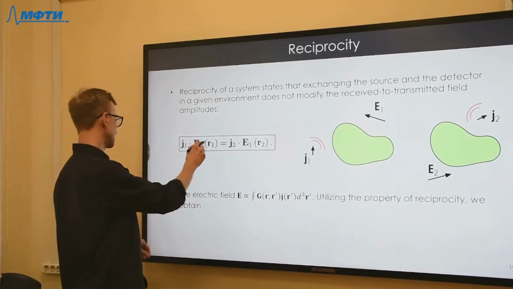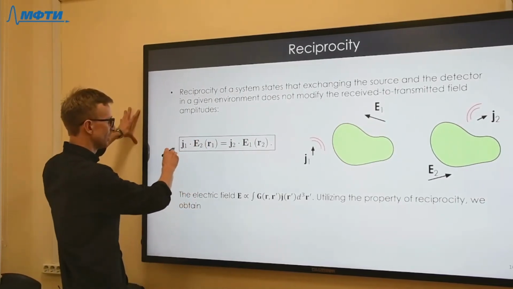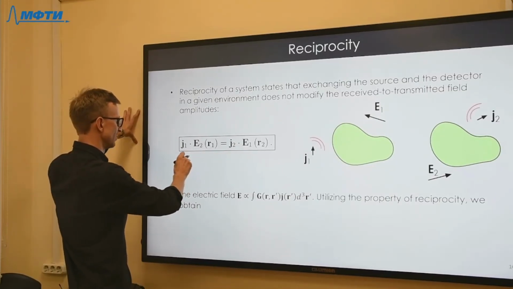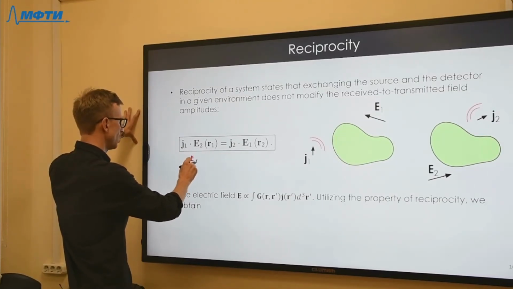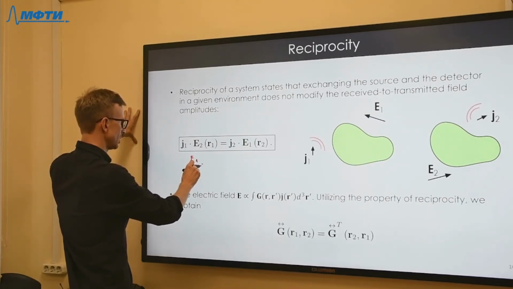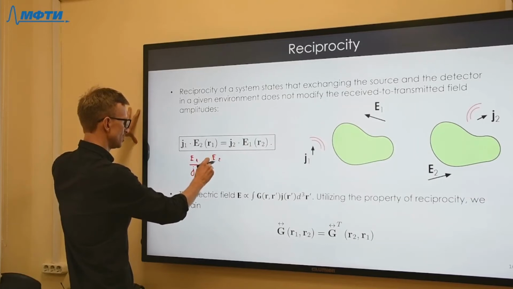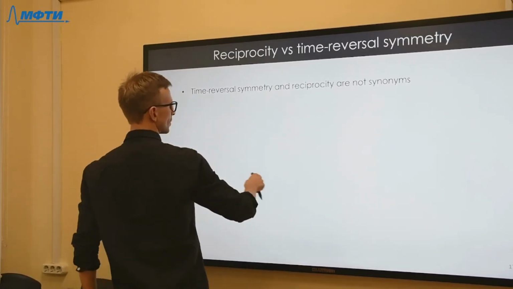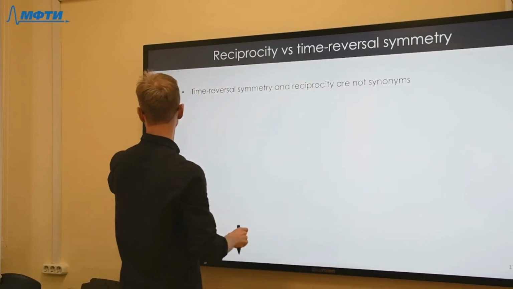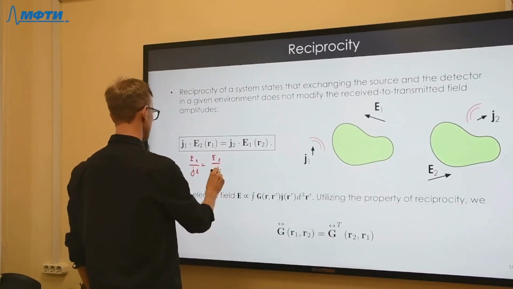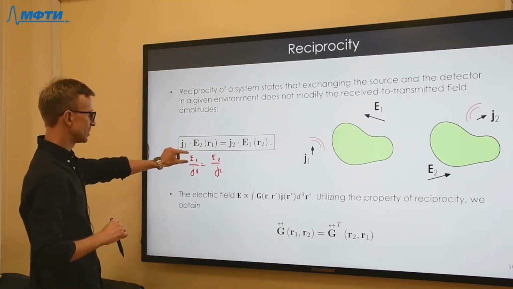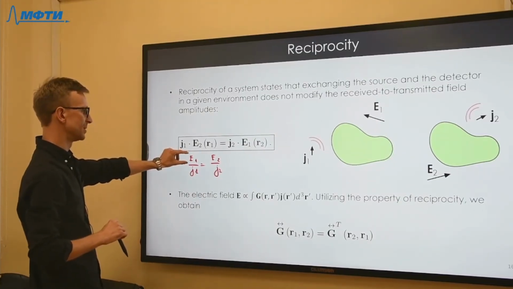I can rewrite it. If I neglect the vector nature of this expression, I can rewrite it in the following way. E1 over J1 equals E2 over J2. Okay, so this expresses, if this is our detector, this is what we have at the detector position here.